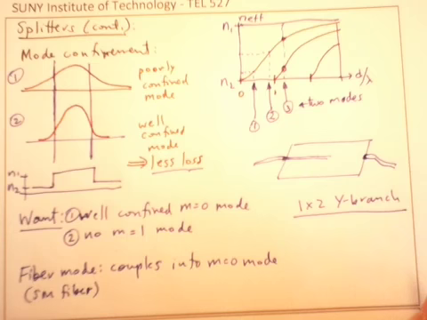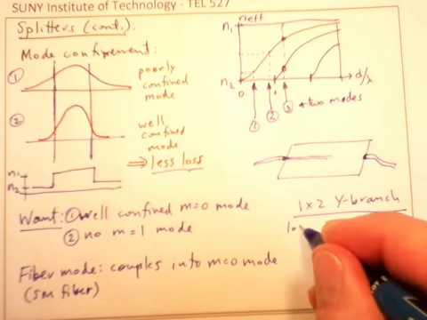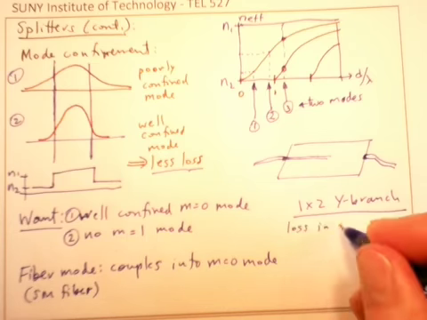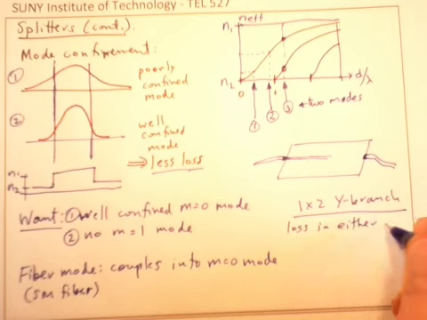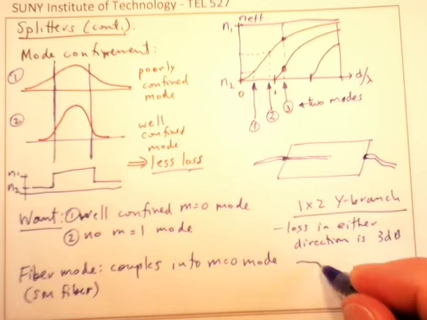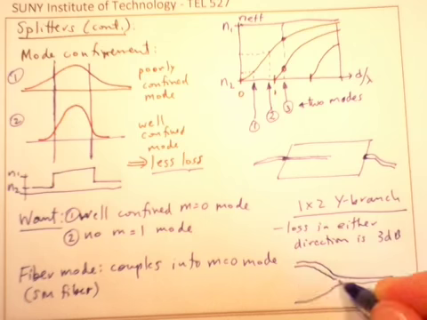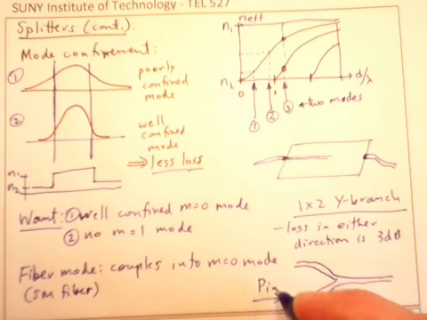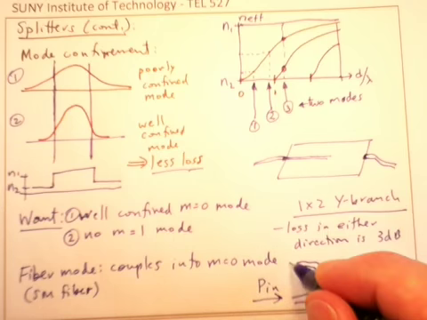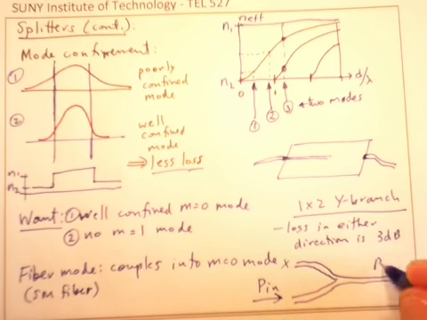The loss in either direction is 3 dB. And so if we have a Y branch here, and we bring light in here, and we have nothing going in here, then P out is going to be 3 dB lower.